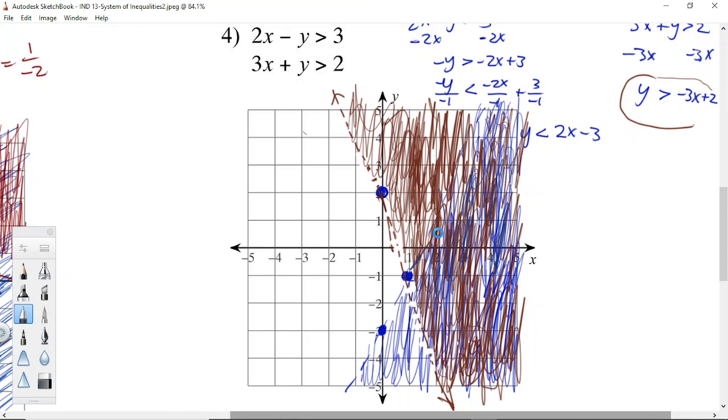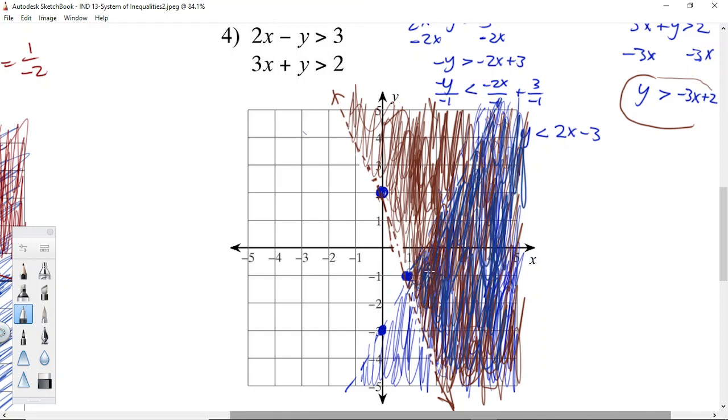So this is not turning out like I hoped. So it's that region. I'll just make it all a little bit darker so we can see it better. That's the region. And hopefully the next one will work a lot better.